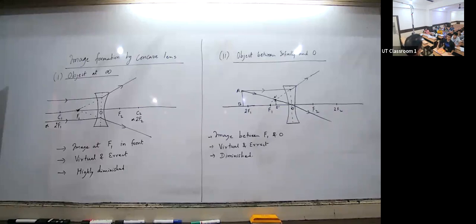Third is it is called as converging lens, convex, and it is called as diverging lens, concave. In terms of power, convex lens has positive power and diverging lens has negative power. That is the fourth difference. All right, let's now discuss the sign convention in case of lenses.